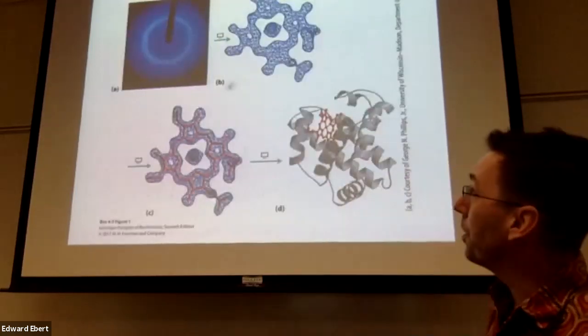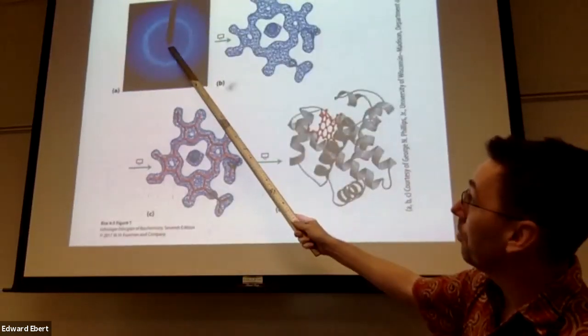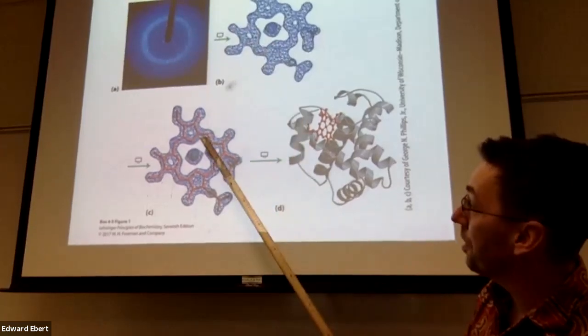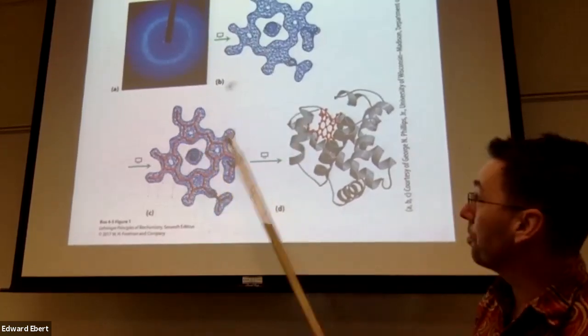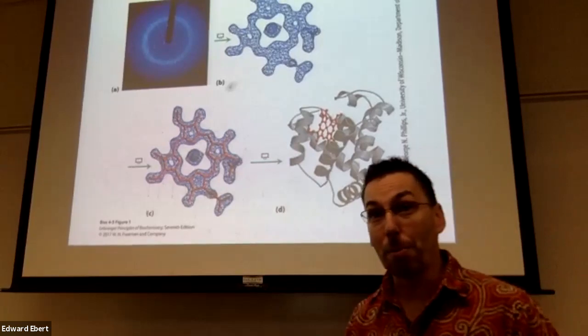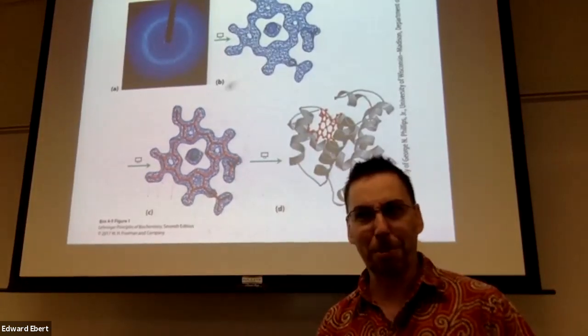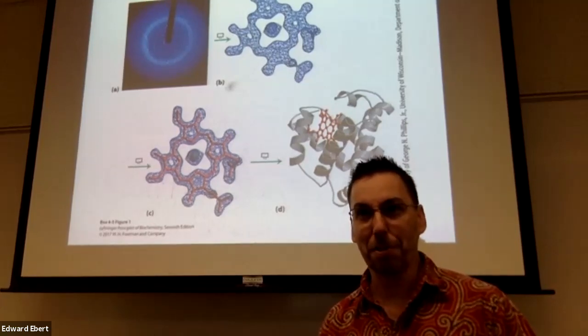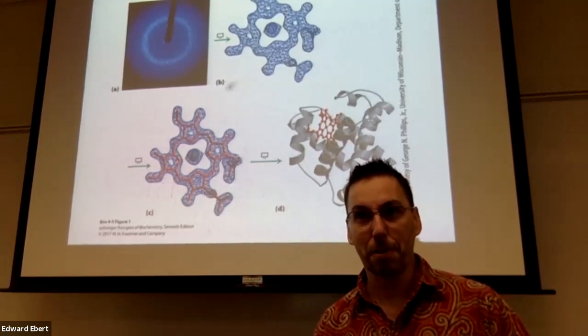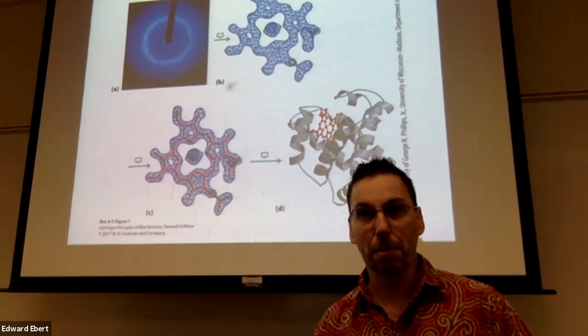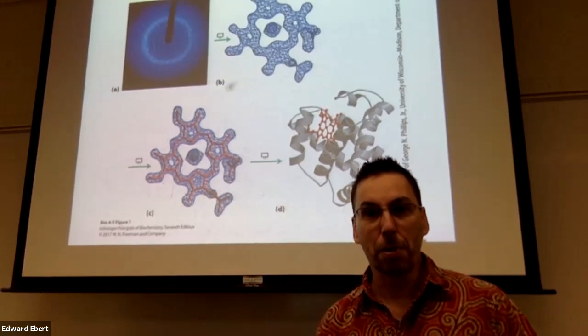So if we look at our diffraction pattern, you've got this nice little diffraction pattern there. You get this density. You can find your major structures, and then you can figure out probably where the hydrogens should go. Every once in a while, there might be a question of where a particular hydrogen goes. That can be helpful.